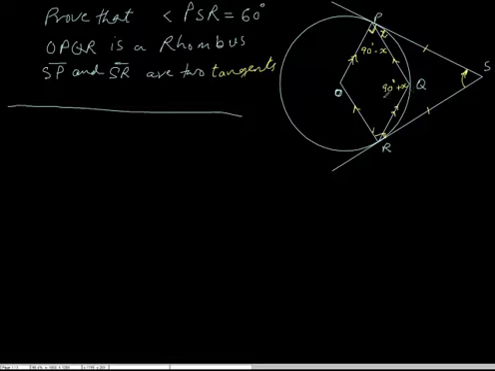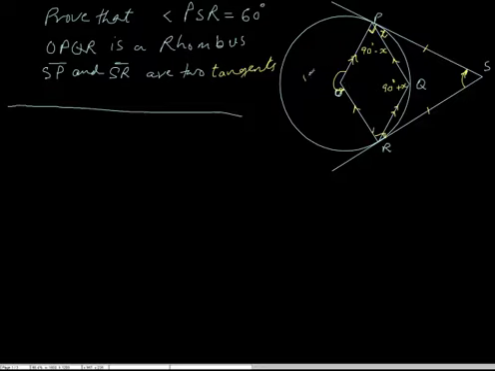Now, we know there's a circle theorem that the angle at the center is double the angle at the circumference, right? So that angle is half of this angle. If I work this angle out, it has to be double this angle.